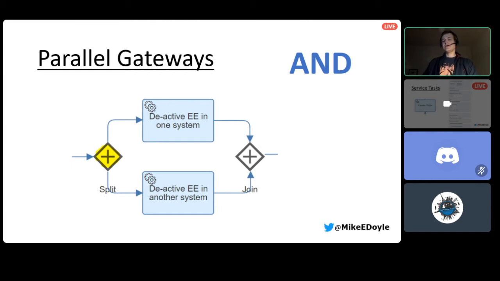Now the tasks are done logically in parallel, but they won't actually happen at the same time necessarily because there's basically only one thread. So that's something to bear in mind. And here we don't need to maintain any conditions on the flow because we're always going to go down both branches. All right, so now we're going to jump into the demo.